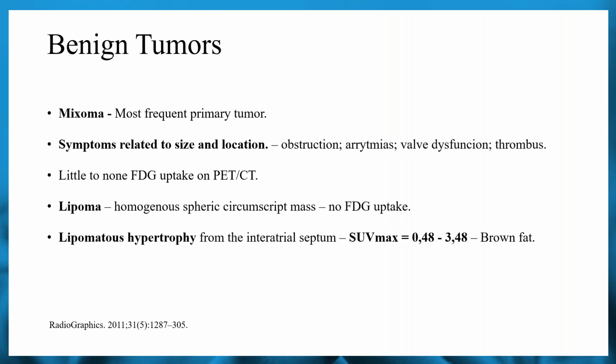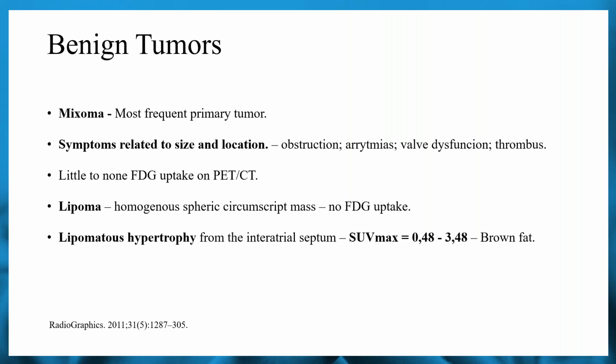So now focusing on the benign tumors, as I said before, the myxoma is the most frequent primary tumor and may cause symptoms mostly related to its size and location in the heart. So it may cause obstruction, arrhythmias, valve dysfunction, or produce thrombus. And since it's a benign tumor, it presents little to no FDG uptake on the PET-CT.